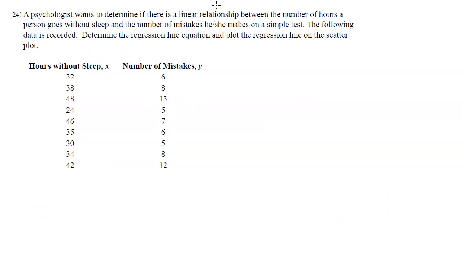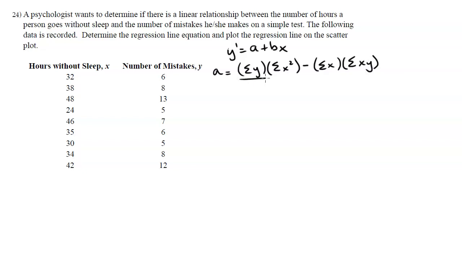So the equation of the regression line is y prime equals a plus bx, where a is the sum of y times the sum of x squared minus the sum of x times the sum of xy, over n, the number of pairs, times the sum of x squared minus the sum of x, squared.